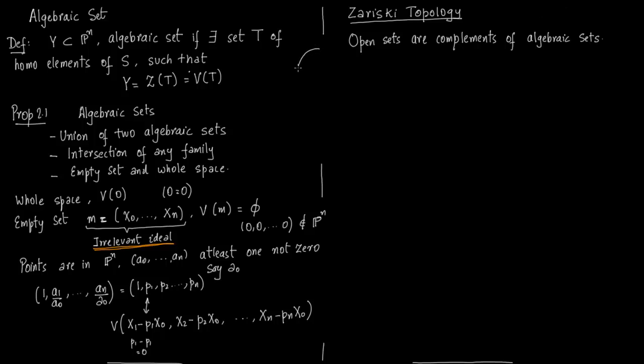Let me draw one. You first have an algebraic set X, and then you take a finite number of points out of it. What is remaining, after you remove these 4 points in fluorescent green, is an open set.